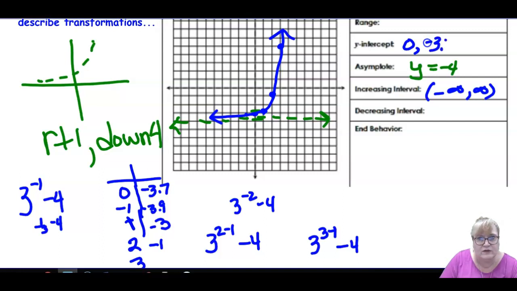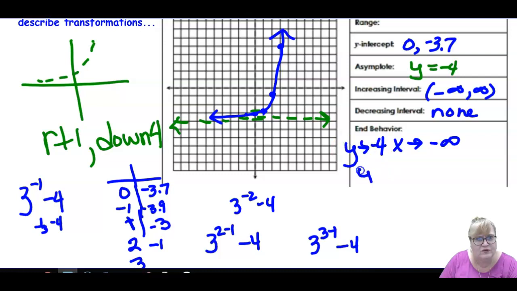That's fine, I don't care. The end behavior: as x approaches -infinity, y is approaching -4, because that's where the asymptote went, and then it's going up on the right. All right.